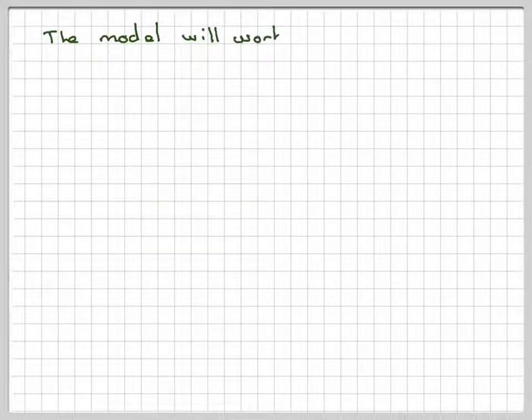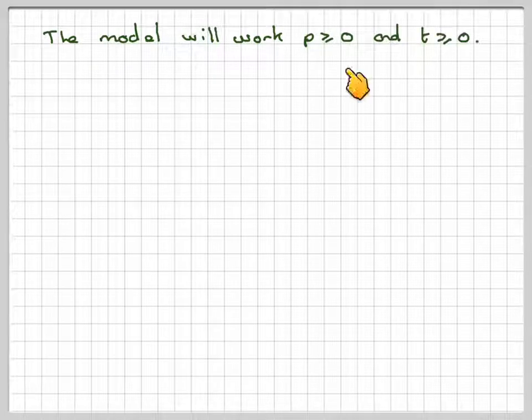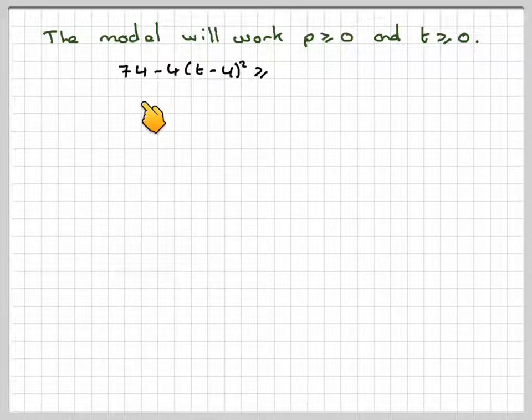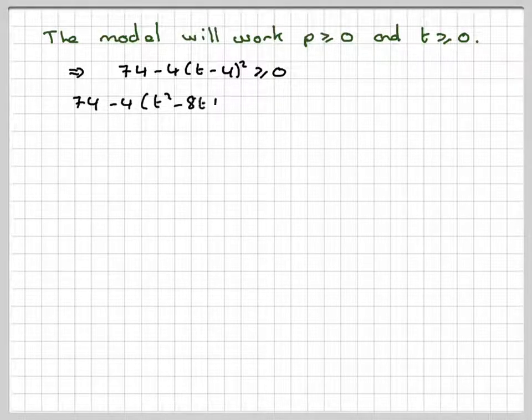Right, the model will be valid for P greater than 0 and T greater than 0 because we can't go backwards in time. So if we take our model, which is 74 − 4(T − 4)², it has to be greater than or equal to 0 because P has to be greater than or equal to 0. We're not going to get negative marks.